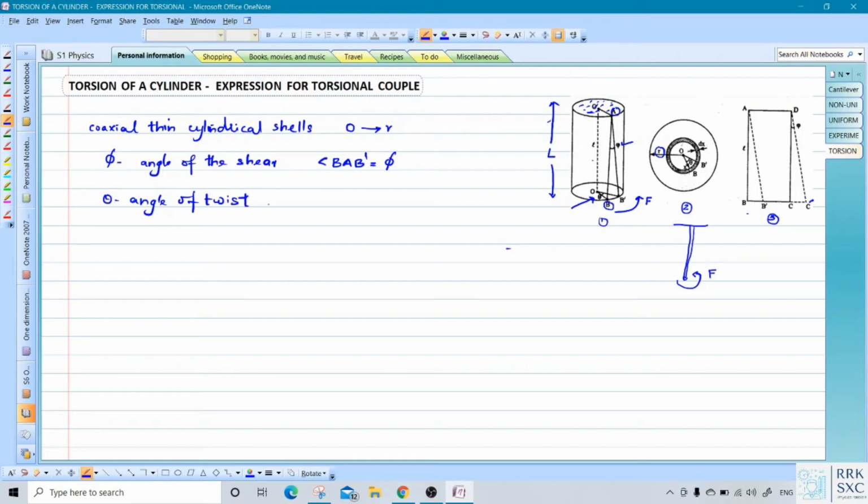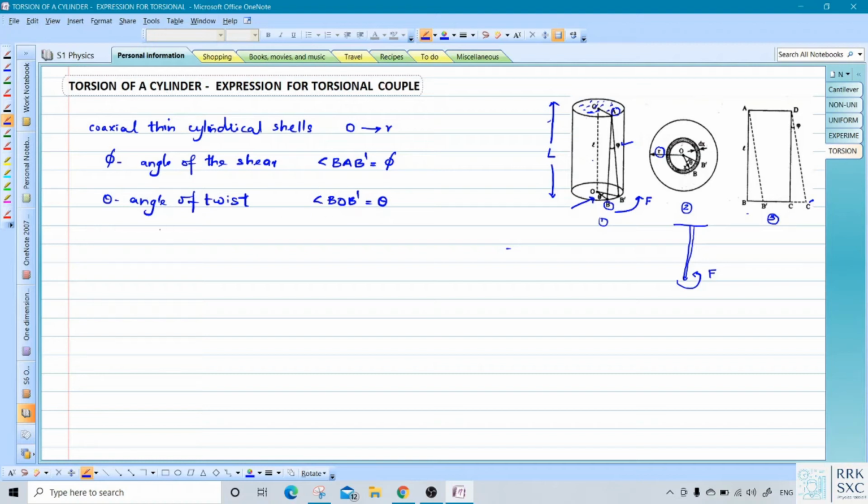One is phi, that is the angle between AB and AB dash, which is known as the angle of shear, and theta is the angle of twist, that is angle BOB dash. Okay, so let us write that also. Angle BOB dash is theta, that is the angle of twist.